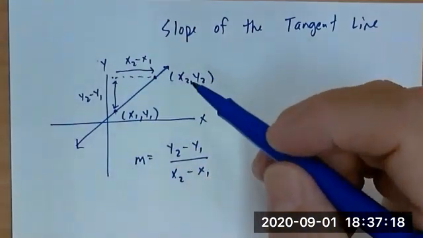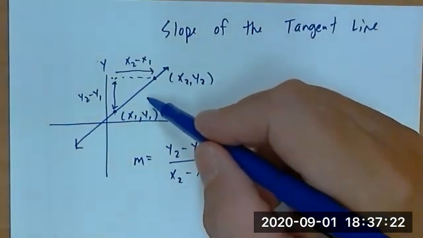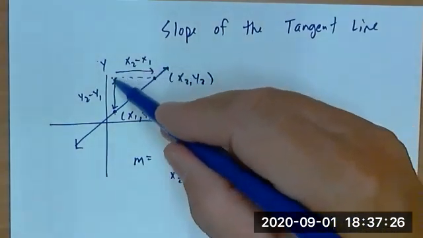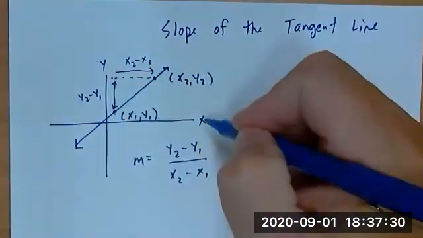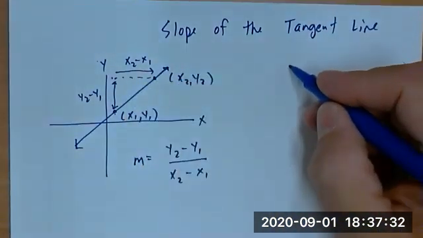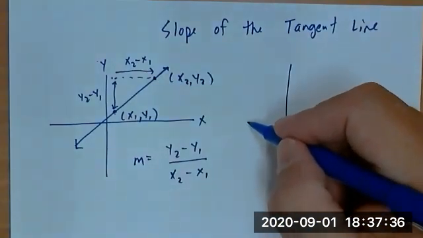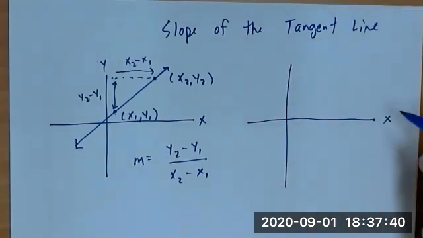Now let me do something that starts to get a little messy and a little complicated, but we need to understand this, because I'm going to redo what I did here, except instead of an x and y graph, I want to change it to function notation.